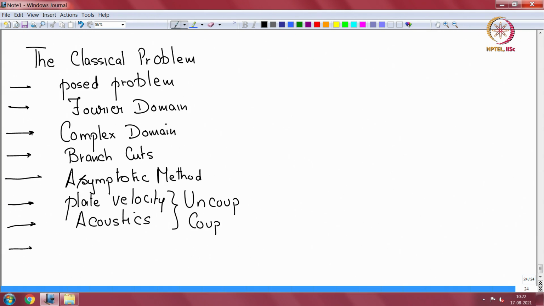And we understood the important frequency regimes for different physical effects.